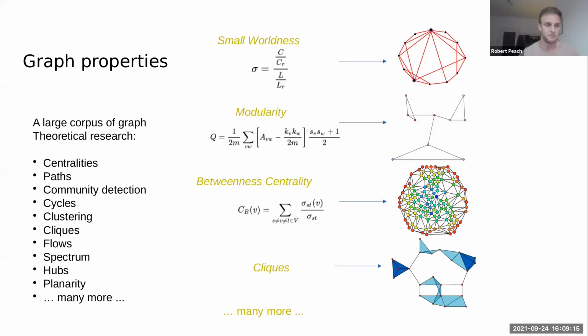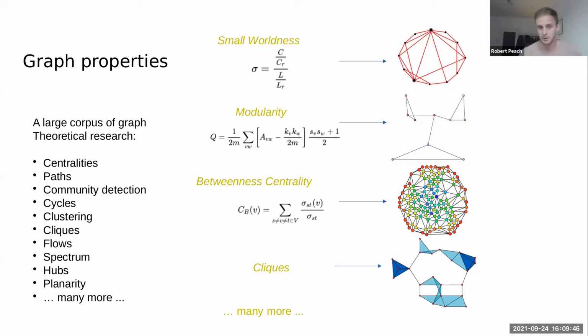Maybe you're trying to understand flows on a network, and there are flow-based or dynamical or diffusion-based methods. You might be trying to understand how modular your system is, such as regions in the brain that are clustered together, so you can use things like community detection. And so there's a lot of methods out there, a very large corpus of graph theoretical research.